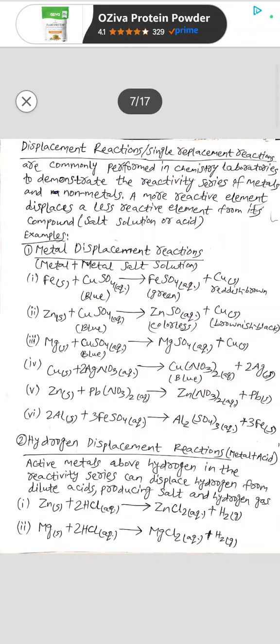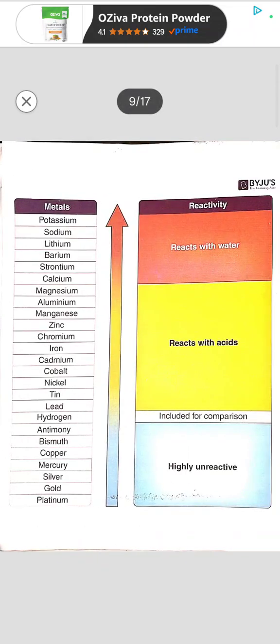So let's discuss the first, metal displacement reaction. When one metal will displace another metal from its salt solution. The examples are Fe plus CuSO4 which gives FeSO4 plus Cu. Here iron is more reactive than copper because in the reactivity series, iron is above the hydrogen and copper is below the hydrogen.